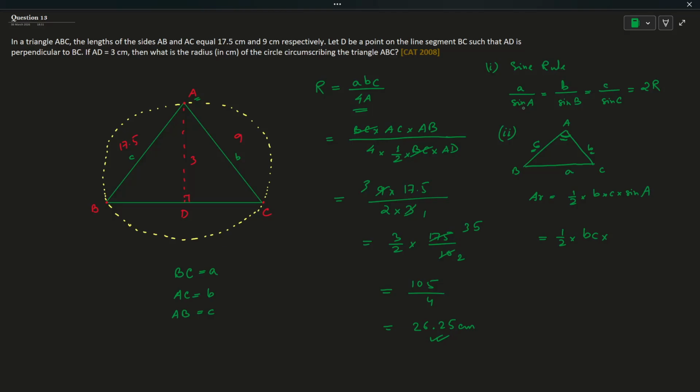What is sine A? From the sine rule, sine A can be written as A by 2R. So ABC upon 4R. See, simple derivation, okay guys.